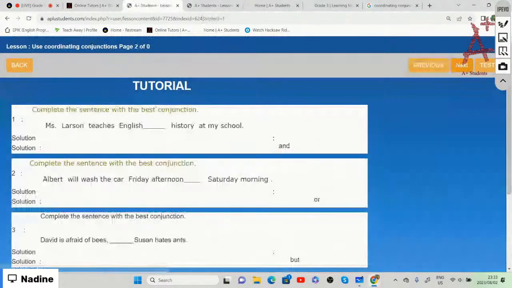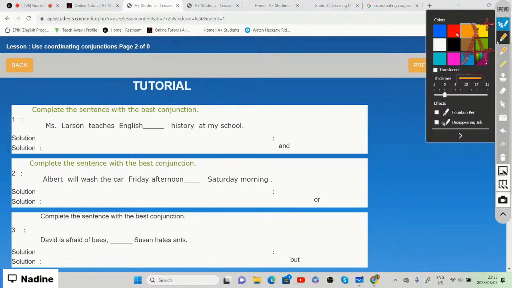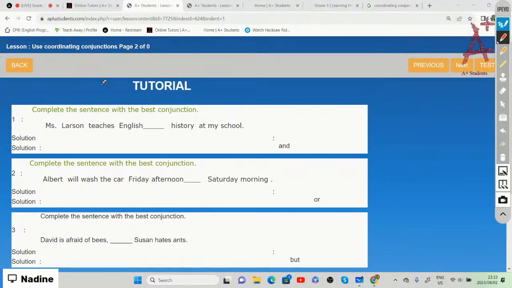All right, we're going next. Mrs. Lawson teaches English and history at my school. We're going to choose the word and, because English and history go together. So and is our coordinating conjunction within that sentence. Albert will wash the car Friday afternoon or Saturday morning.